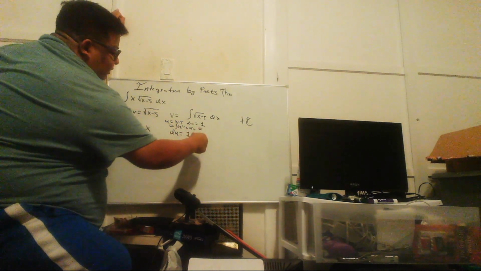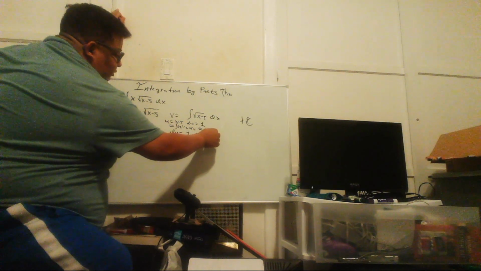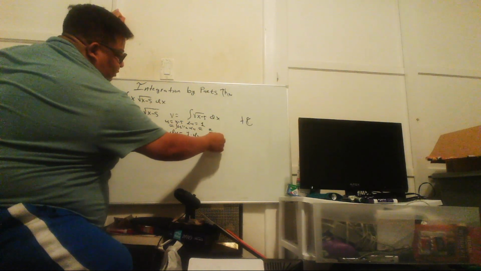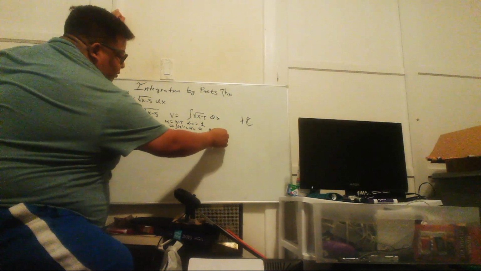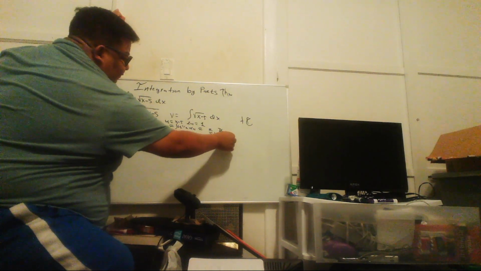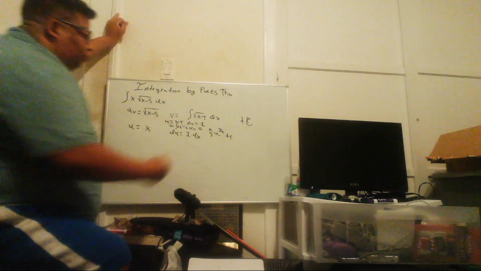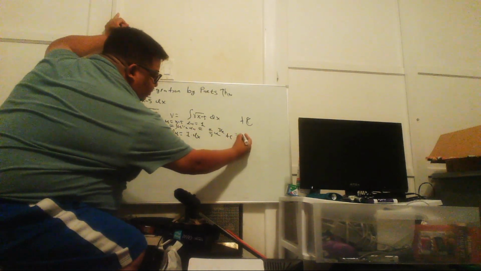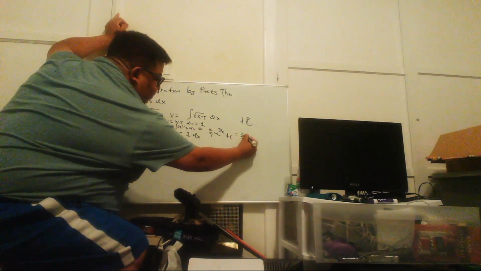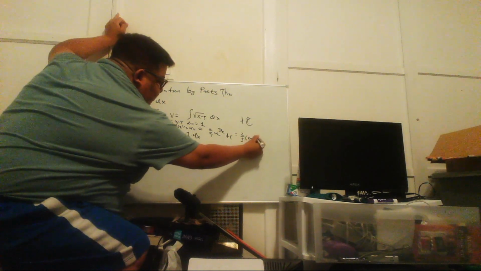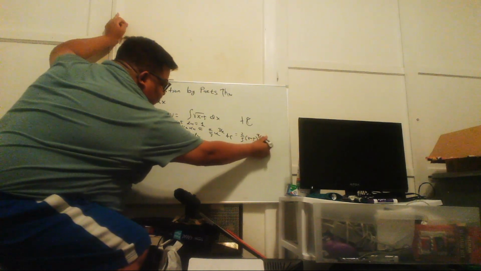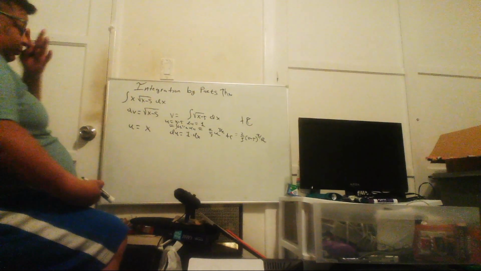Now we integrate that, and that's gonna be equal to 2/3 u to the 3/2 plus c, and then that's equal to 2/3 times x minus 5 to the 3/2.